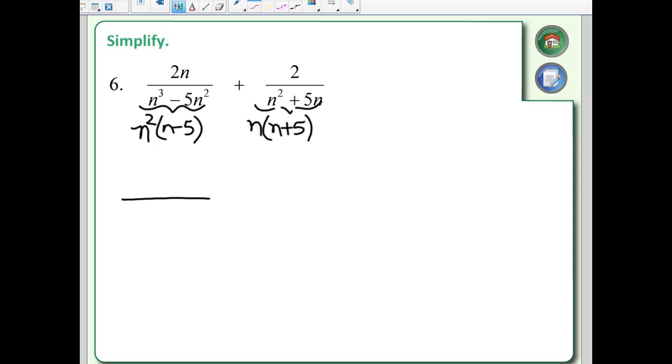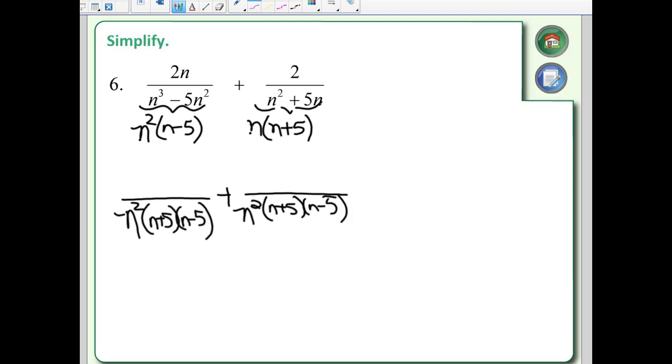If I'm coming up to find my common denominator, okay, what's common to both? Well, I've got n squared and n, so remember we always take the higher exponent, and then my n plus 5 and n minus 5 come to the party. N squared, and then we've got n plus 5, n minus 5.